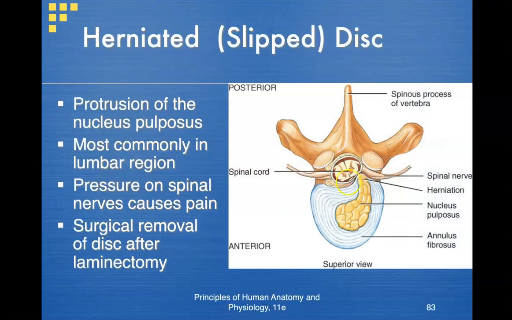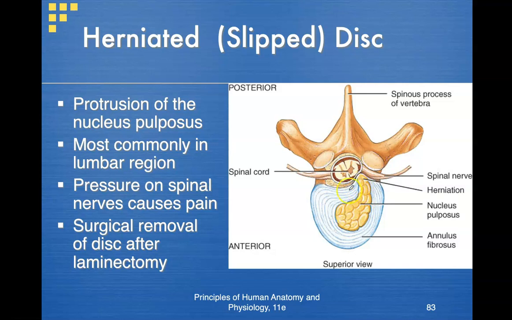This is a herniated disc. I told you I'd show you a slide of this at the very end. This is a good depiction of what happens with the nucleus pulposus, that squishy center.